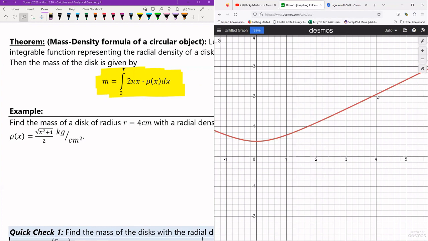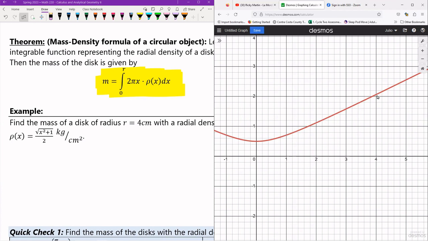If you notice, the lightest portion of our disk is close to the center, and it gets heavier on the way out. Since the density is climbing as we go outward on our disk, it's going to be heavier on the outsides.